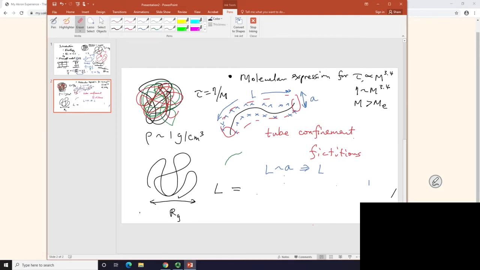Radius of gyration. We know that this typically goes as a square root of how many segments there are. I'm not going into all the details, but basically a chain you can think of as made of many so-called Kuhn lengths.